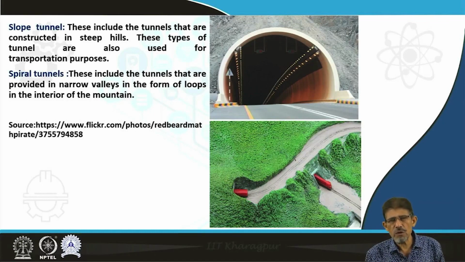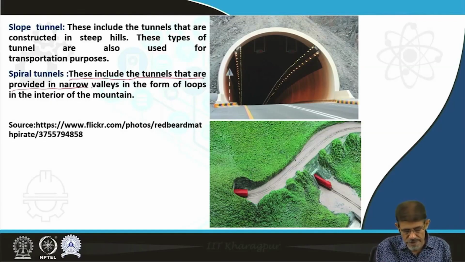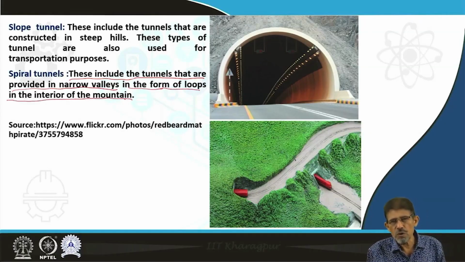For making the route shorter, spiral tunnels are generally constructed, and these include the tunnels that are provided in narrow valleys in the form of loops in the interior of the mountains to cover the distance in the shortest time and shortest route.